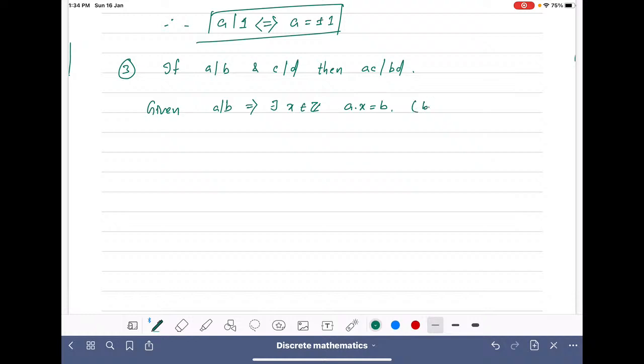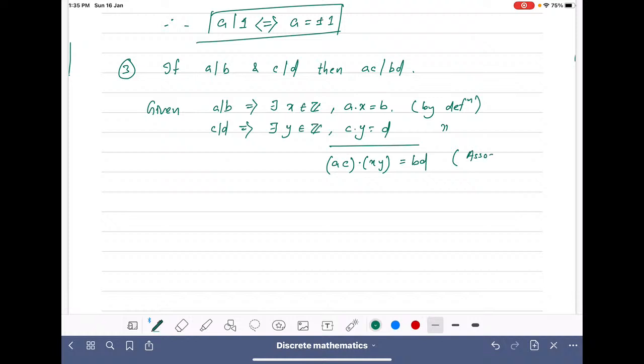From definition, again from definition we have c divides d means there exists an integer y such that c dot y equal to d. Now multiplying b and d, we have ac into xy equal to bd. I have just rearranged the terms using the associativity of integers.